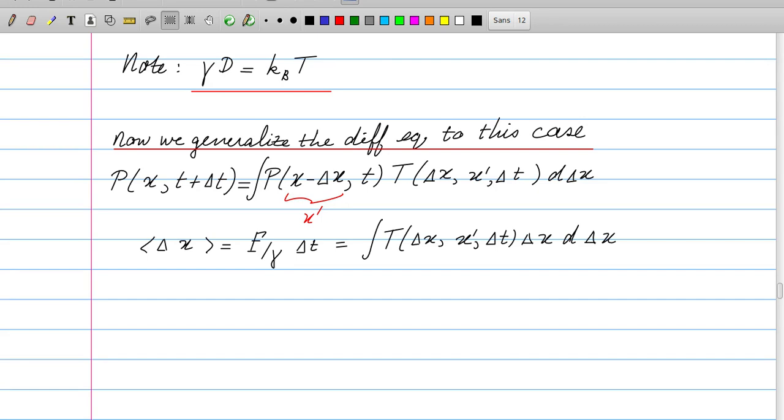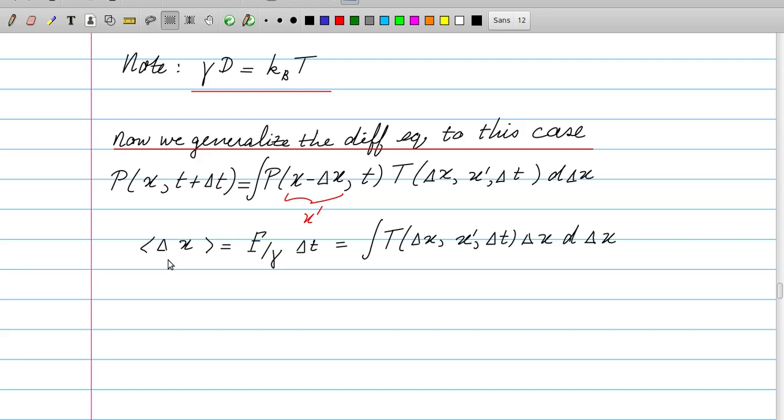We calculate the moment delta x for this transition distribution t, and later we shall also address delta x squared. Now the delta x is caused by diffusion and by drift.